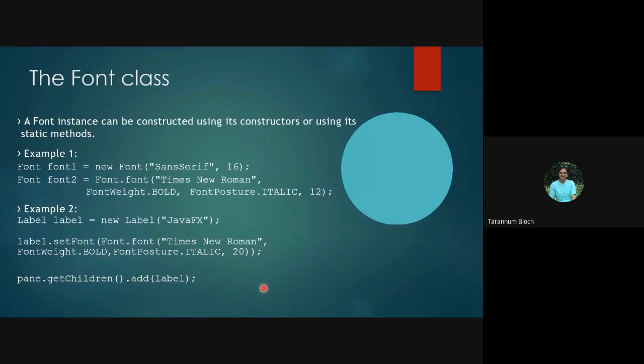Here is an example of the Font class. Suppose I'm creating a font1 object. We have font1 equal to new Font, and you give the font family and the size. Here the font2 object is created. Here we have given the font weight and font posture also, because these are constants of the class. For font2, we specified the font family Times New Roman, FontWeight.BOLD, so it will appear as bold, like the Control B effect.